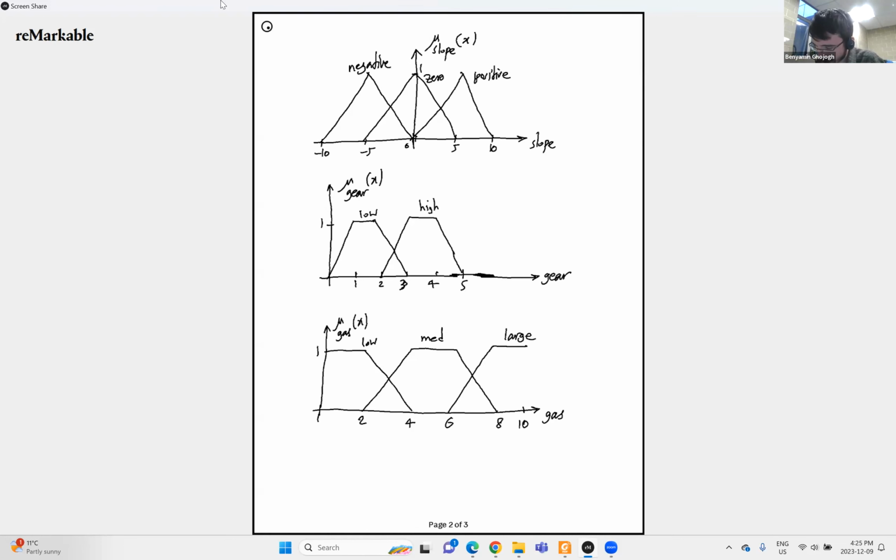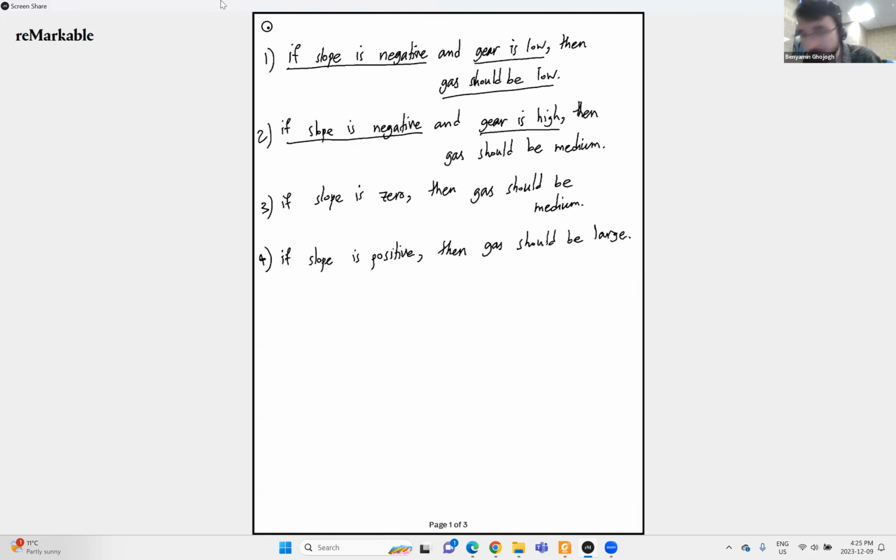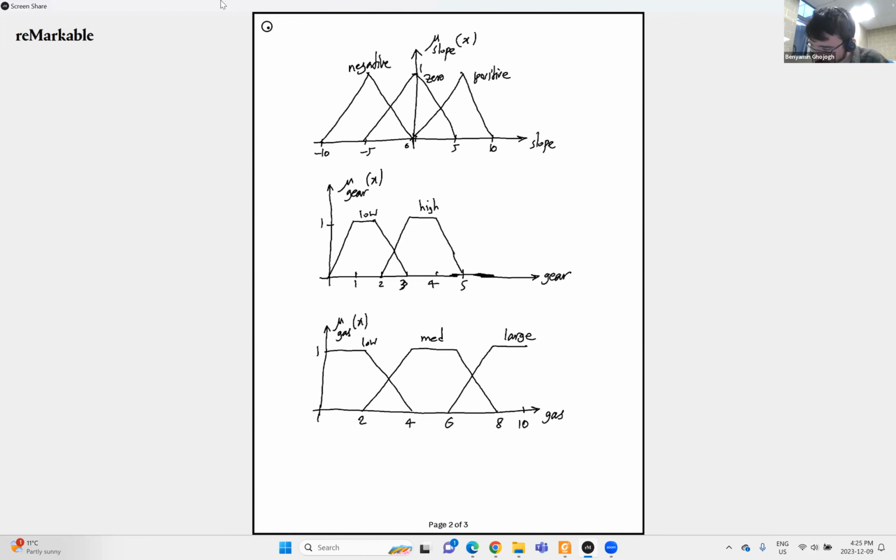What was that? So if gear is high, what was gear high? It is between 2 and 5.